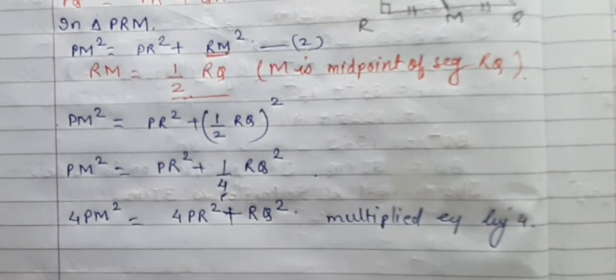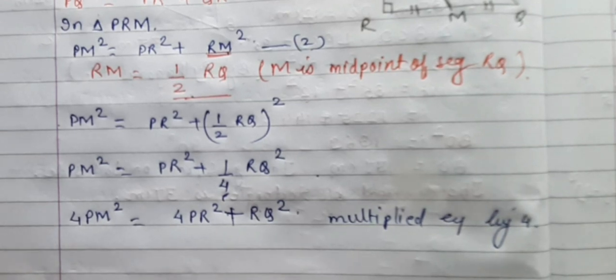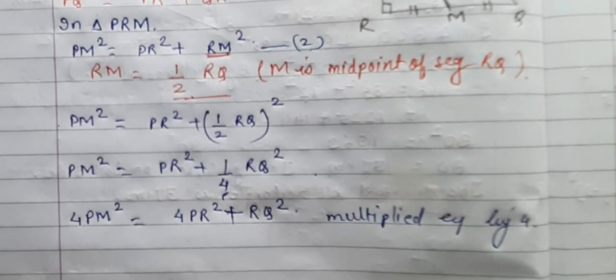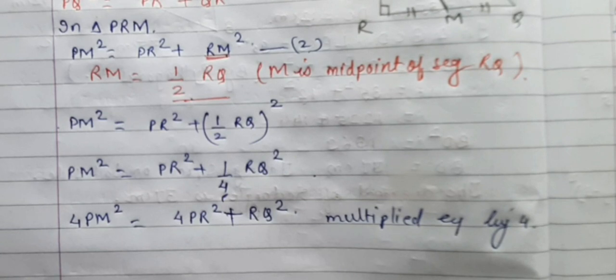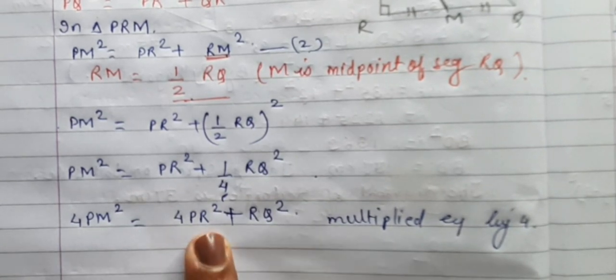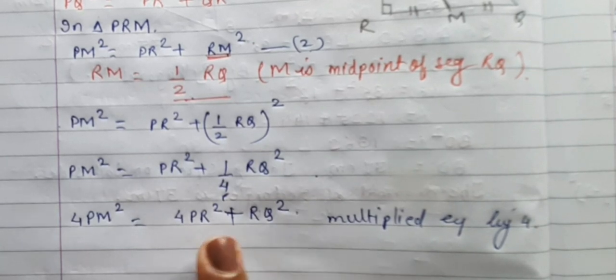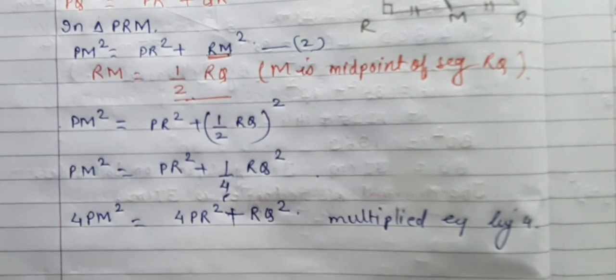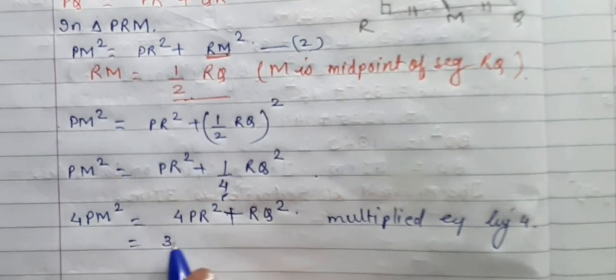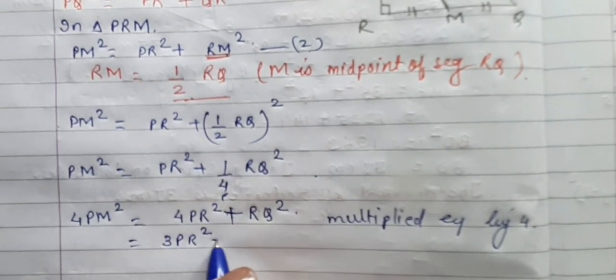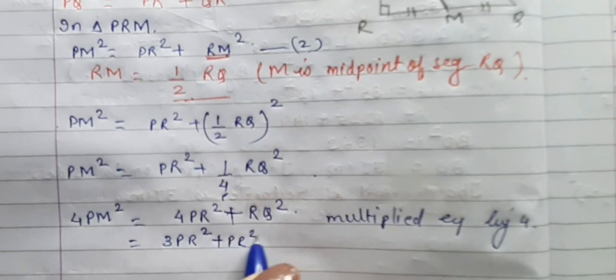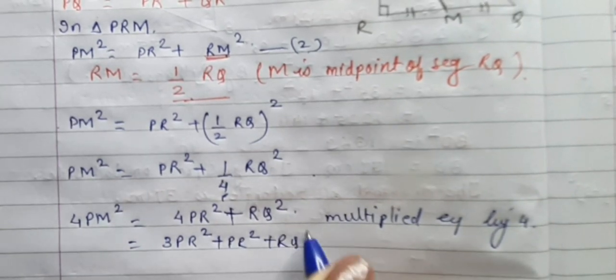Now I have to arrange. 4PR square can be written as 3PR square, and 1 PR square will come out of it. So here it is 3PR square plus PR square plus RQ square.